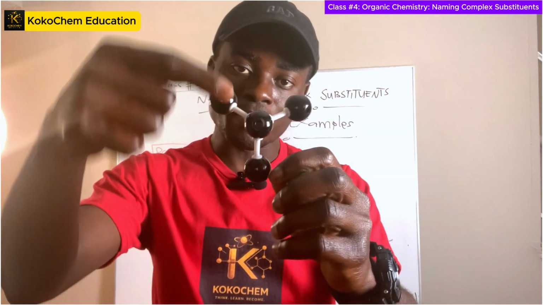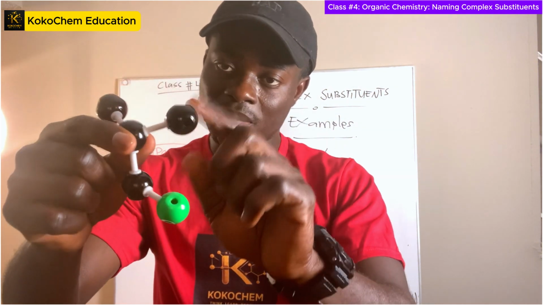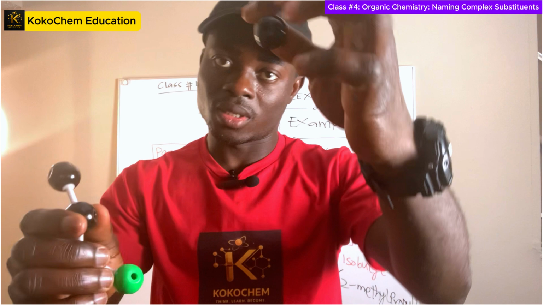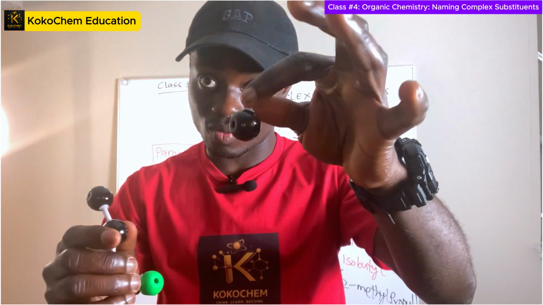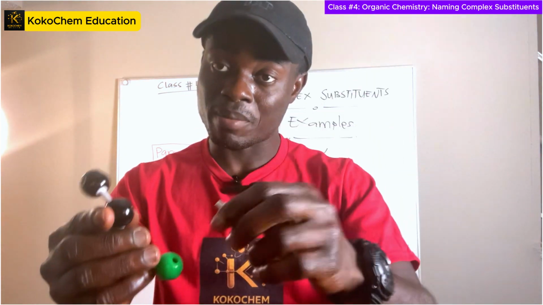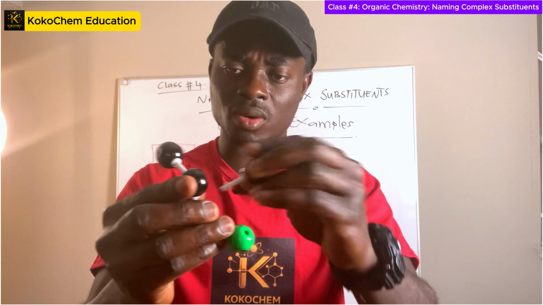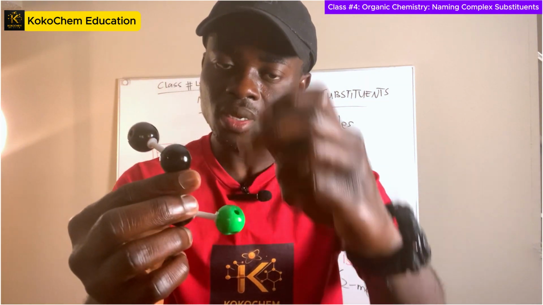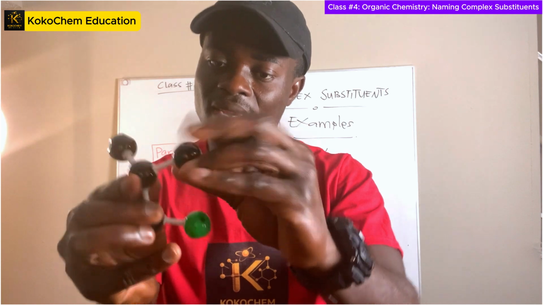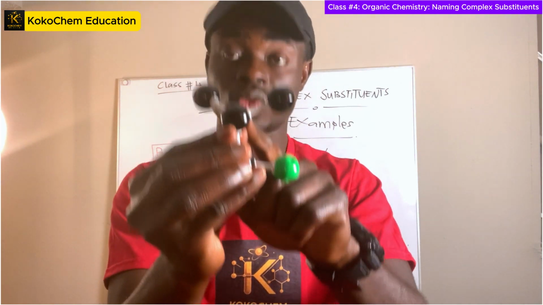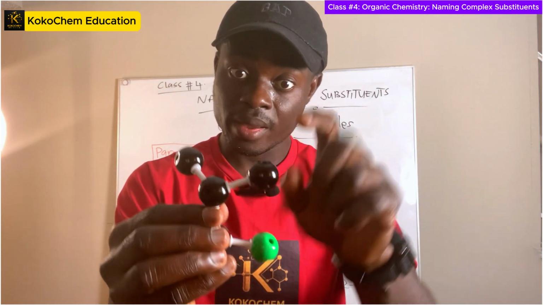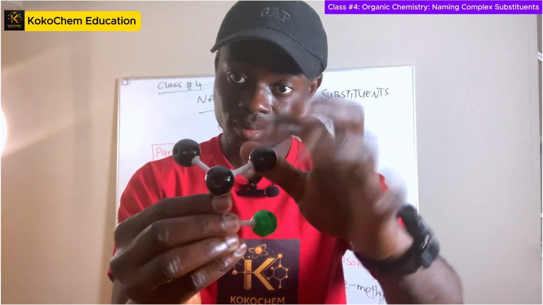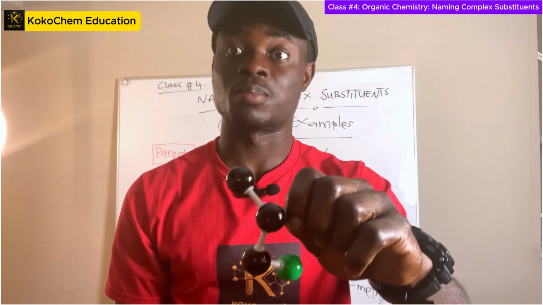So 2-methyl. This is the methyl, it is 1 carbon, attached to carbon position 2. If they come from here, 1, 2, so it will be 2, because this one is attached to position number 2. So 2-methyl, 1, 2, 3 propyl.